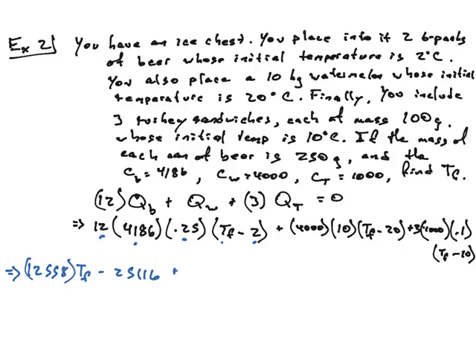Next piece, I've got 4,000 times 10 times TF, so that's 40,000 TF, minus 4,000 times 10 times 20, which is 800,000.